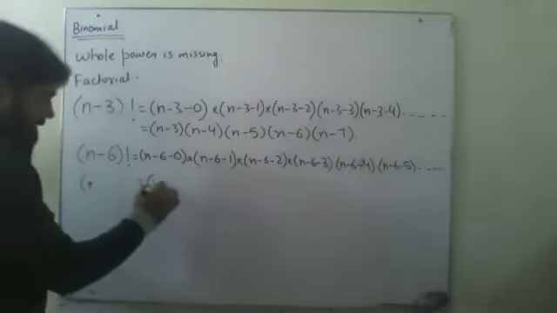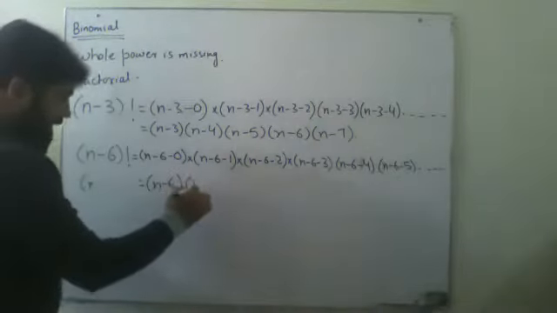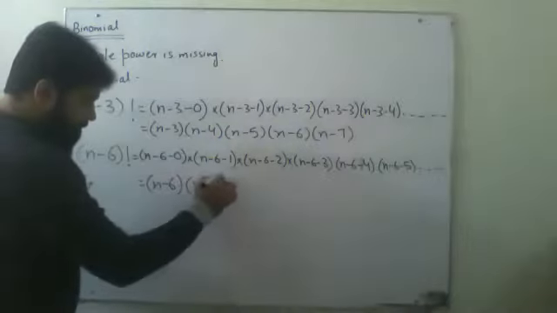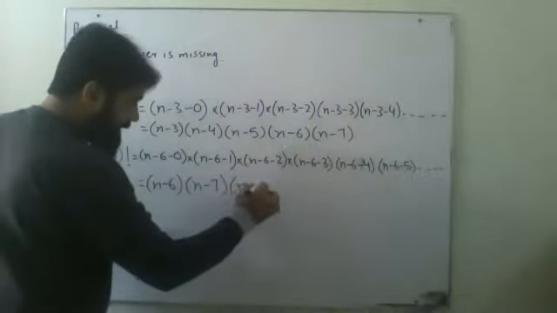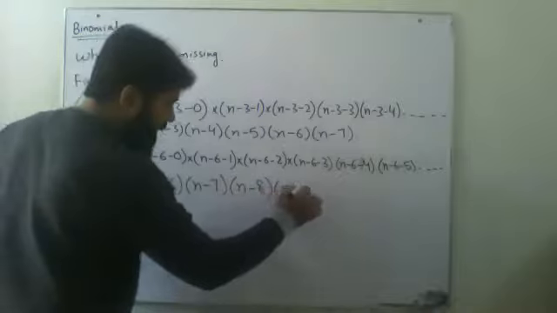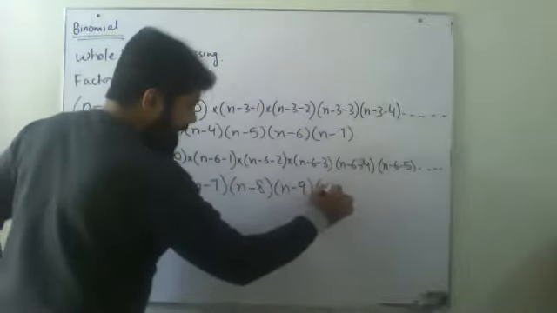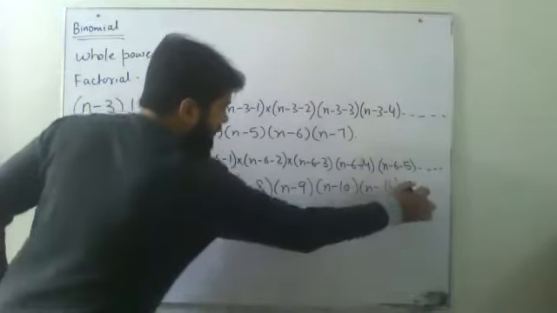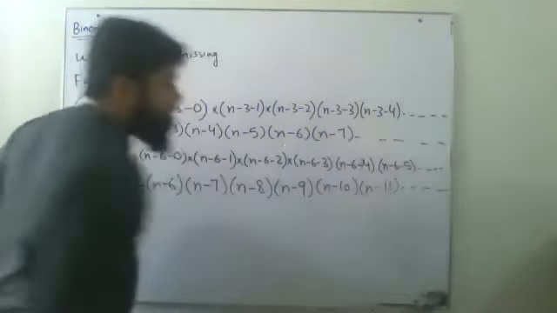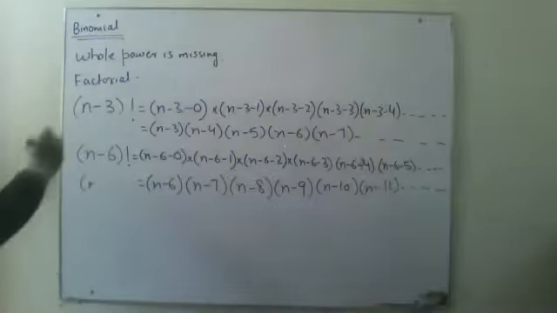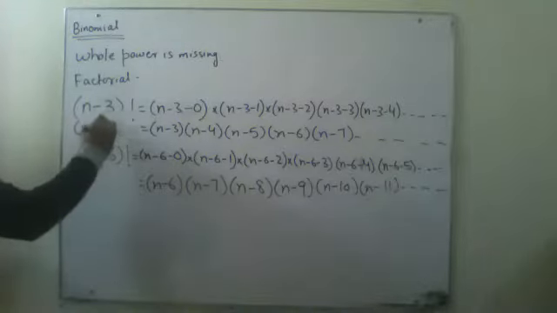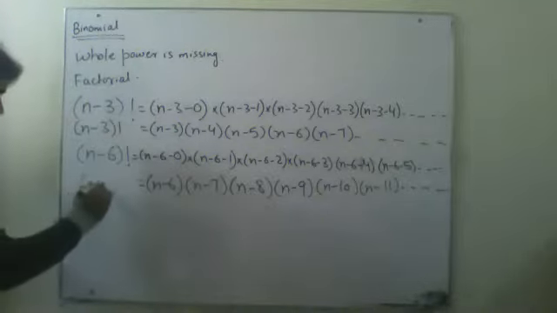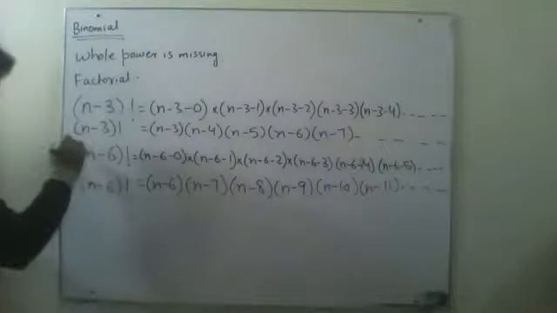So n minus 6, n minus 7, n minus 8, n minus 9, n minus 10, n minus 11 till infinity. Okay. This is n minus 3 factorial, and that is n minus 6 factorial. Okay.